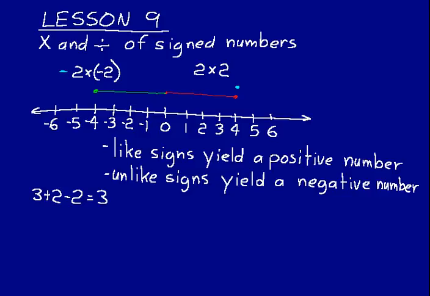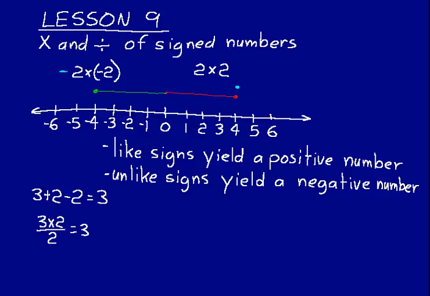So addition and subtraction are considered inverse operations. Likewise, multiplication and division are as well. If I started with 3 again, and I multiplied that by 2, that equals 6. If I wanted to get back to 3, I would just divide by 2, and that would get me back to 3. So multiplication and division are inverse operations.